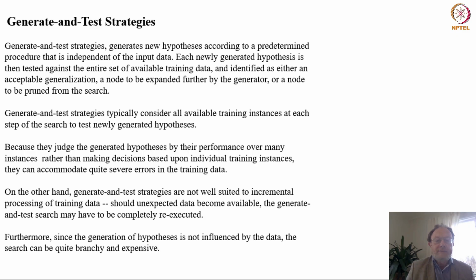On the other hand, it's a problem because if we have a batch learning approach, it's fine, but if you have an incremental situation, it's more of a problem because if new data comes up later in the process, you may have to re-execute the whole generate and test procedure.